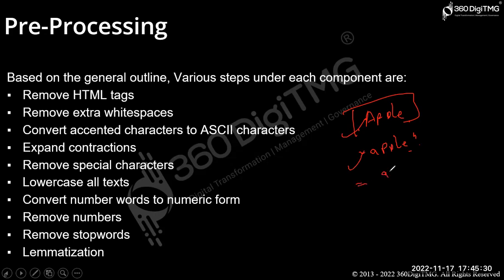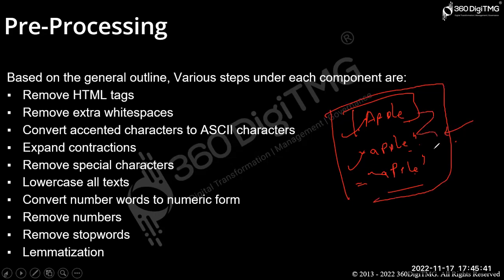And if you are using a capital P, PLE, in that case also it is a different word. Python will consider all of them different words. So here we have 4 words, but normally are these 4 words all considered as not apple only? So capital and small, if you are using them very differently, Python will be considering them as very different.